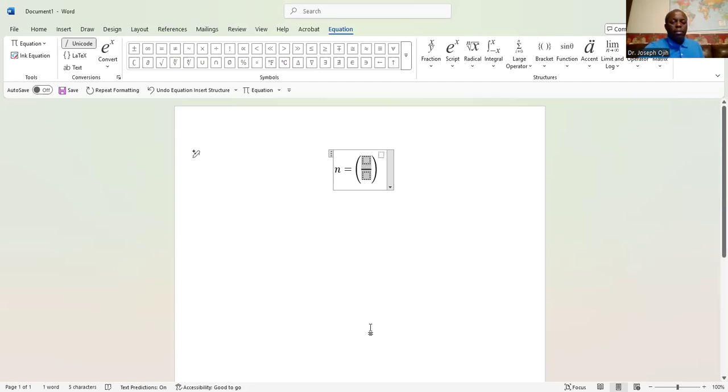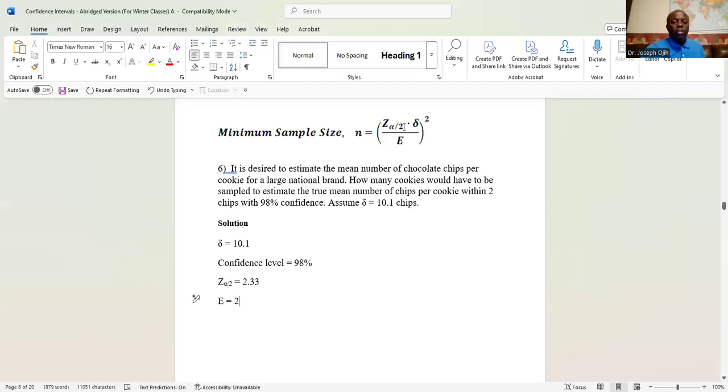Remember the formula again. Let me show you the formula again so you can refresh your memory. Z alpha over 2 times standard deviation over error, squared. And now Z alpha over 2 is 2.33, our error is 2, and standard deviation is 10.1. Let's go and put them in.